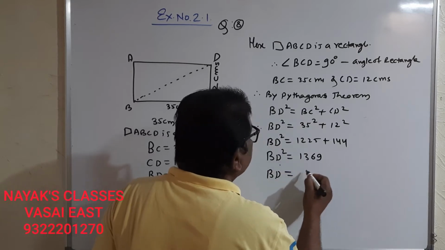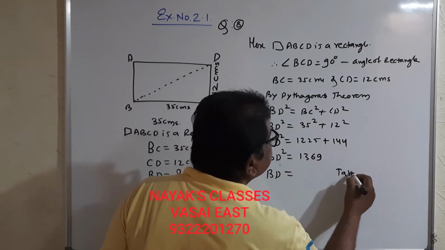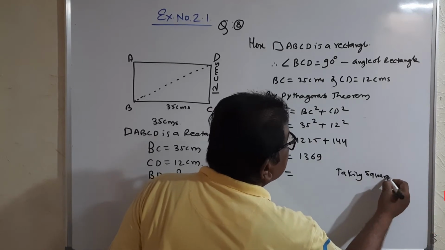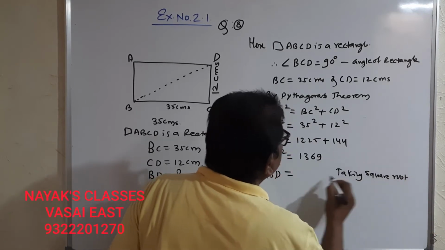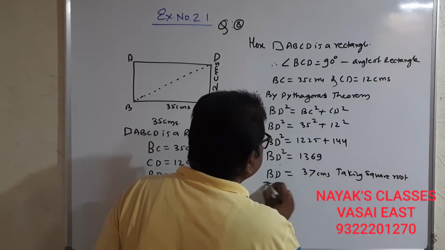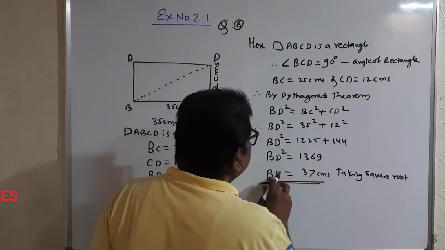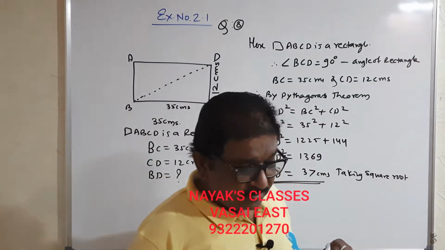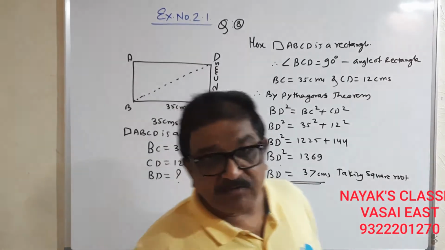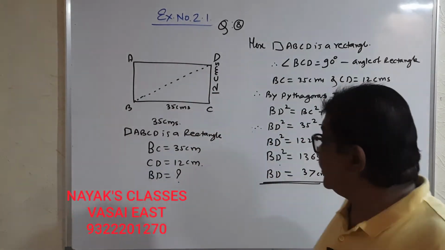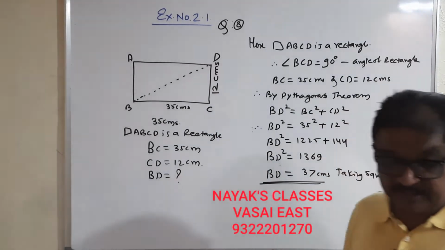And taking square root, it is 37 centimeters. BD is equal to 37 centimeters. The length of the diagonal is 37 centimeter.